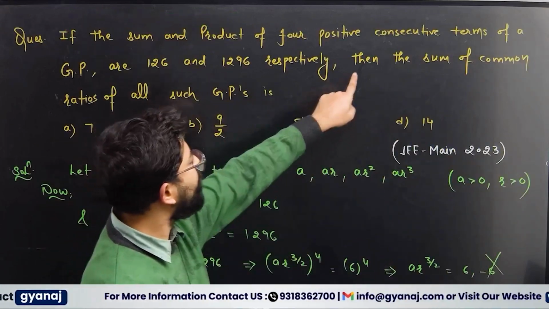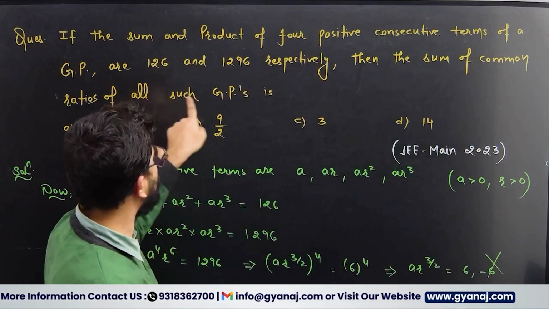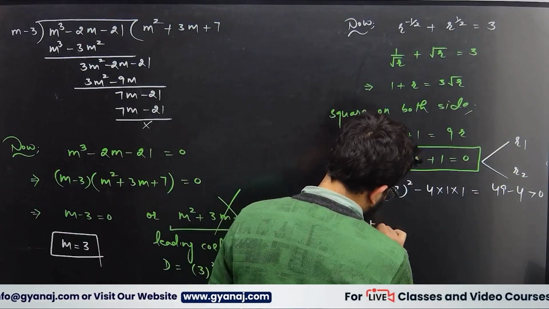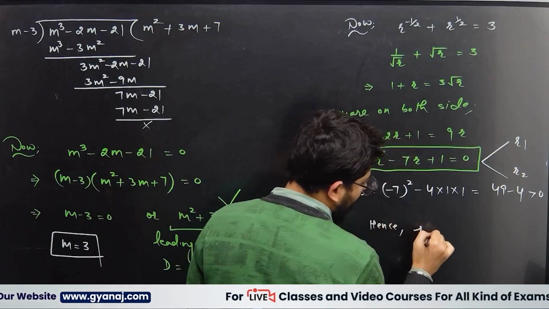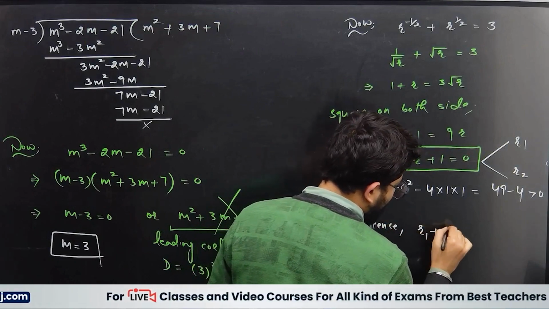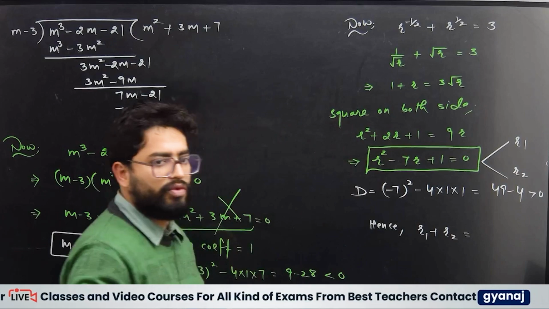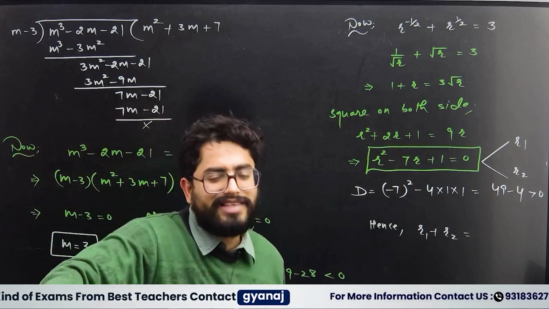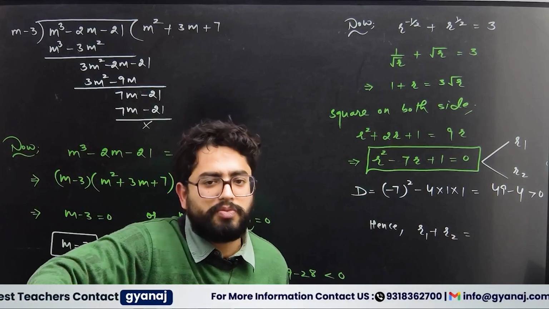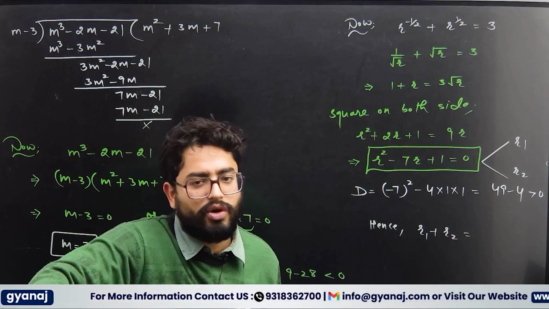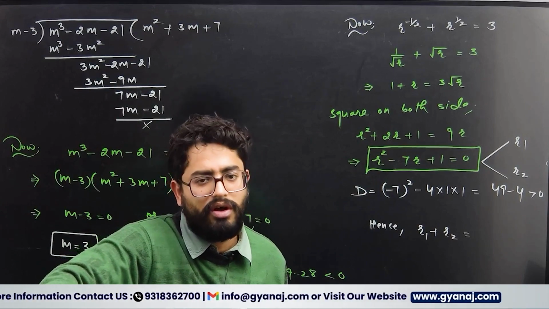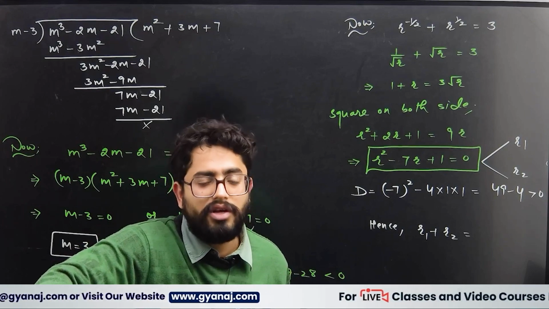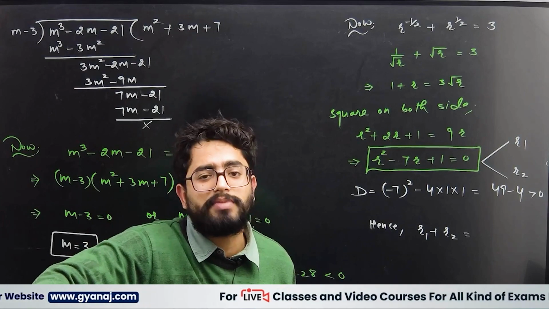So we have to find the sum of common ratios of all such GPs. So what is the sum? Hence r1 plus r2 is equal to what? We know the sum of roots of a quadratic equation. If we have ax square plus bx plus c is equal to 0 and having roots alpha and beta, then alpha plus beta is minus b by a.